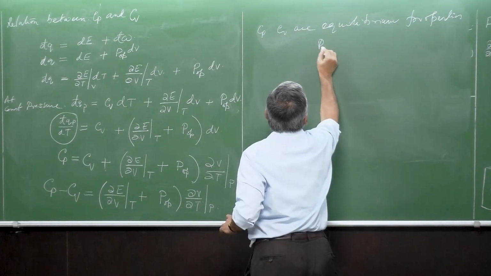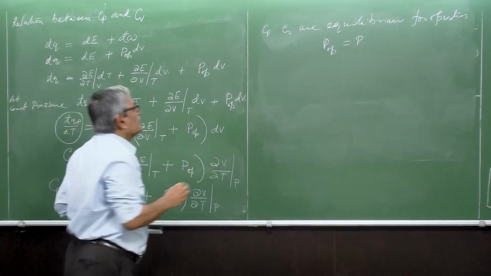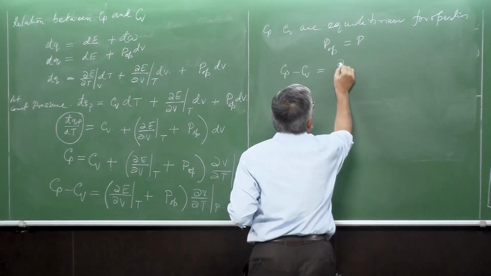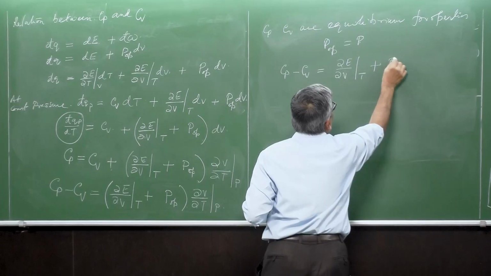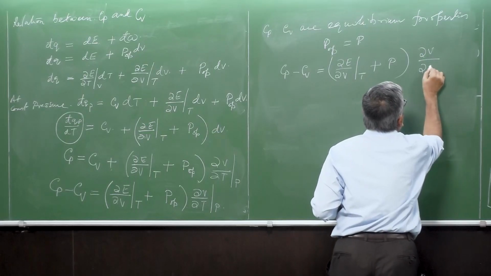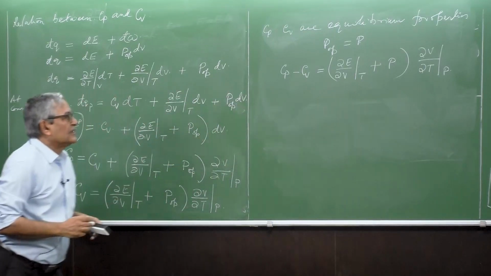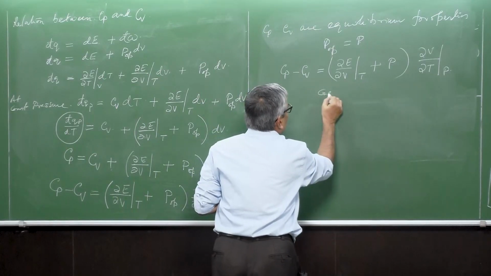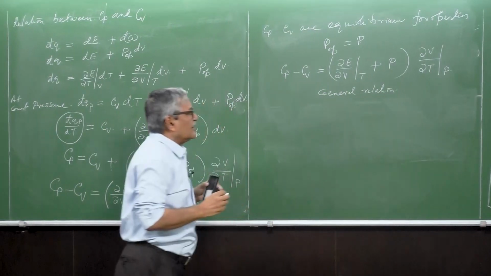Therefore, P opposing must be equal to the internal pressure P. So Cp minus Cv equals (del E/del V) at constant temperature plus P, times (del V/del T) at constant pressure. This is the most general relation for all substances, for anything in this world.